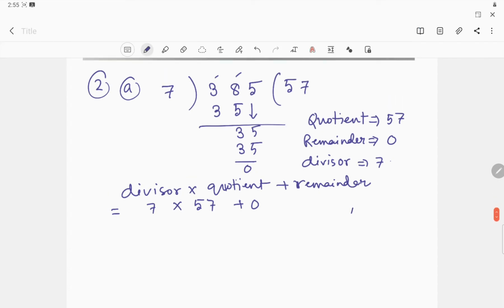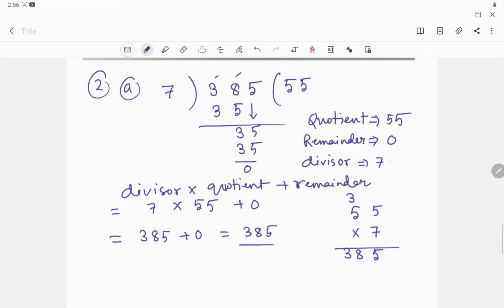Okay, let me check. 57, if you multiply 57 into 7, sorry for that mistake. 7 5s are 35, carry 3, 5 7s are 35, and 35 plus 3 is 38. 38, and that means 385 plus 0, you will get 385. This is your dividend. So your answer is right.